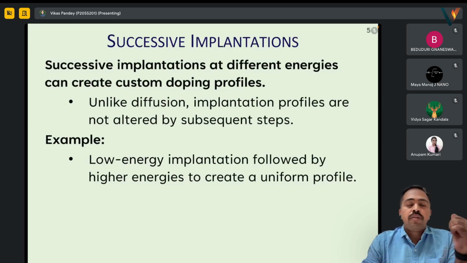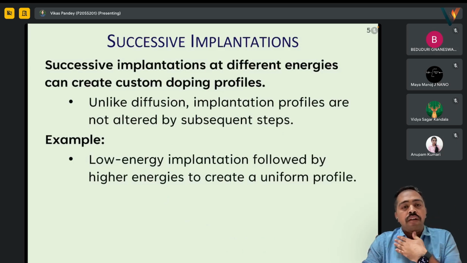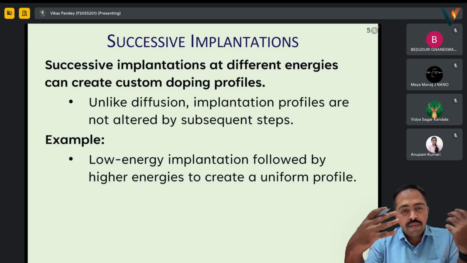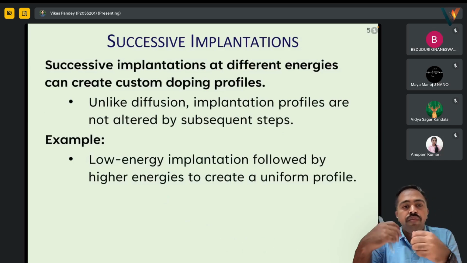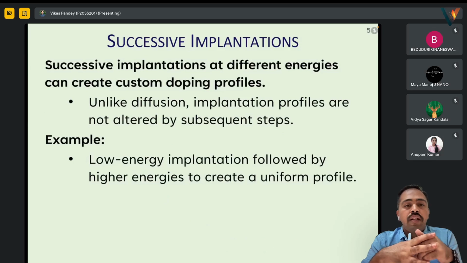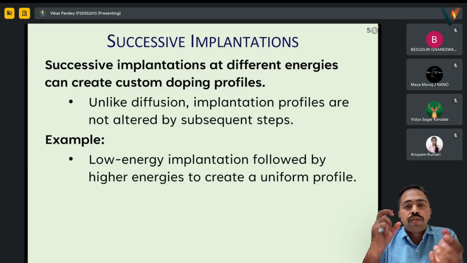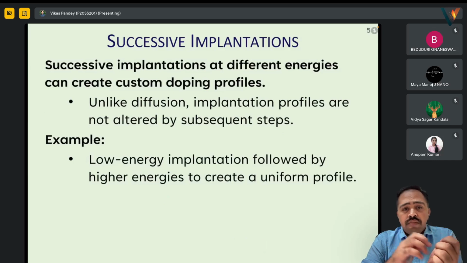Then successive implantation, because it might not be the case that we are implanting with only one material like boron. It might happen that we are first trying to make it p type, and then we are converting some part of it into n type, n plus. So successive implantation at different energies, because we want different penetration depths.